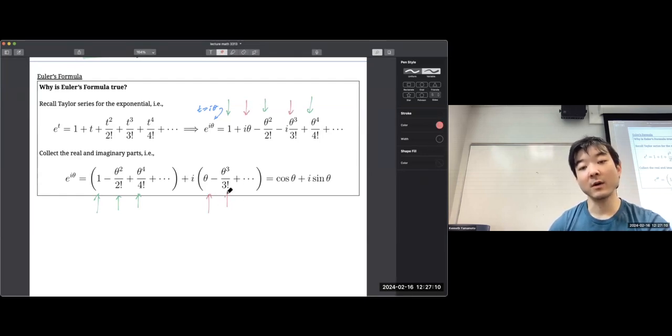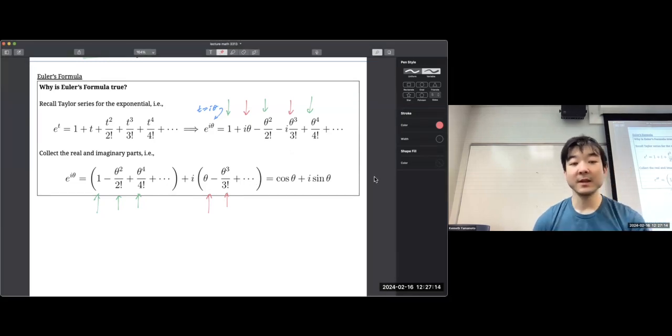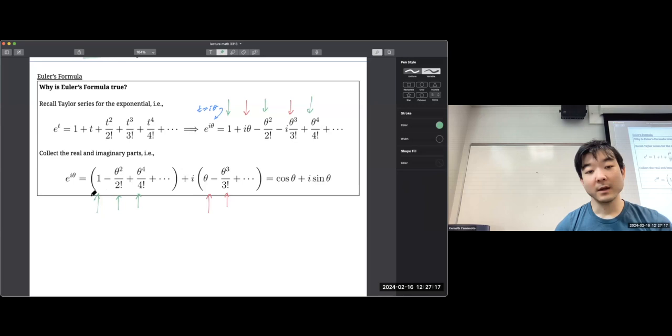There are more because they go infinitely further. But it turns out that this expansion is the Taylor expansion for cosine of theta, and this right here is the Taylor expansion for sine theta.